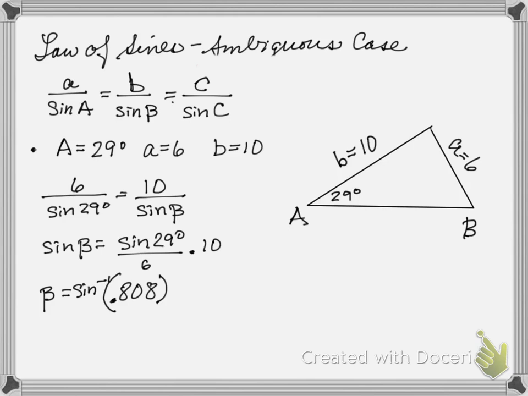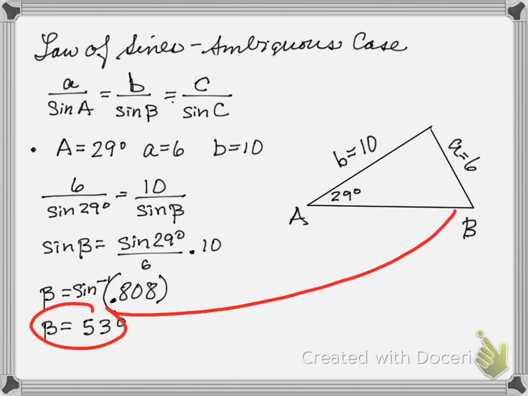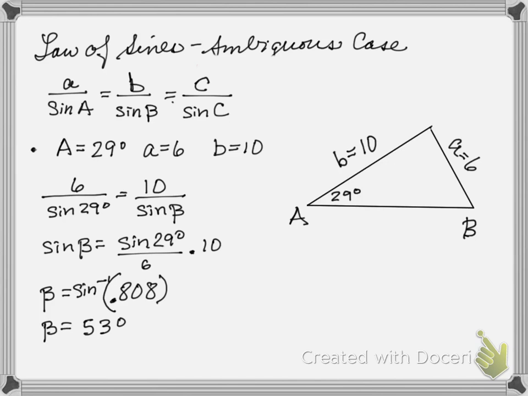Let's evaluate that in the calculator and see what we get. We get 53 degrees. 53 degrees. And when I look at the triangle over here, that makes sense. That angle B looks like it could be 53 degrees.